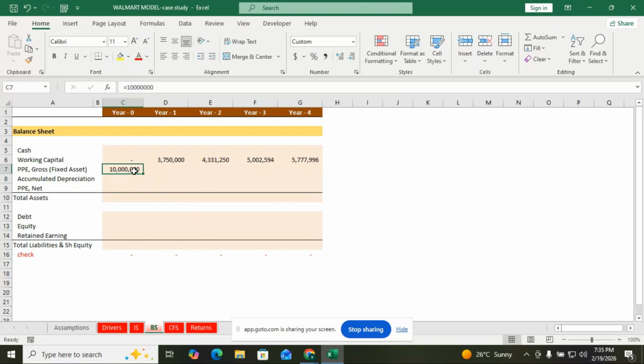From year 0 to year 4, you have the same value, 100 lakhs, the gross value. So in the initial year we bring up the asset for the project, and the total value is 100 lakhs.